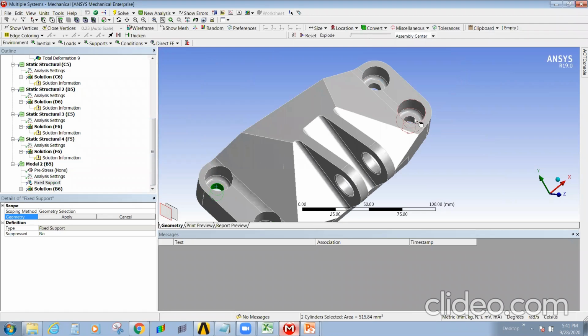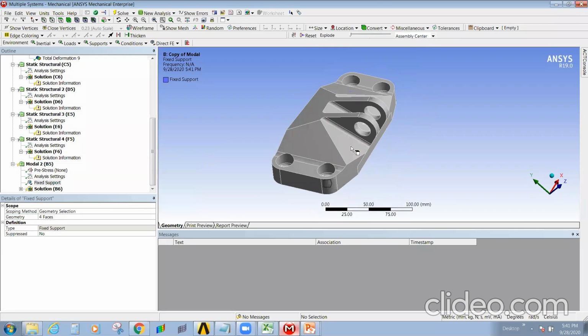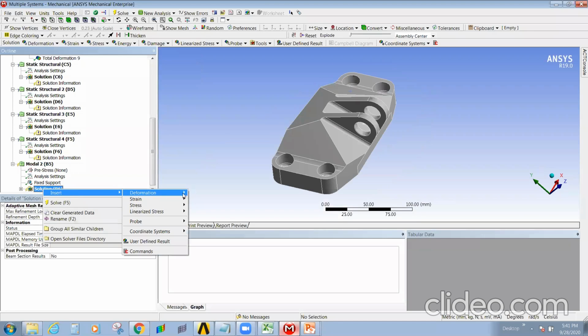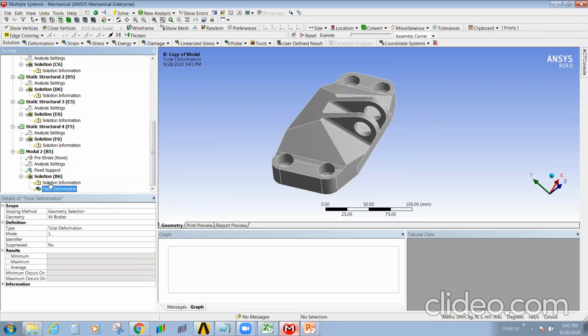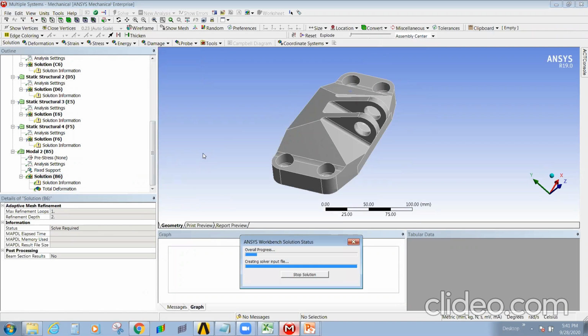Your bolts are arrested in all 6 directions, so that becomes your fixed support as the boundary condition. Then you require how many natural frequencies? You have given 8. So we will solve this free or fixed modal analysis to calculate the natural frequency of the component.